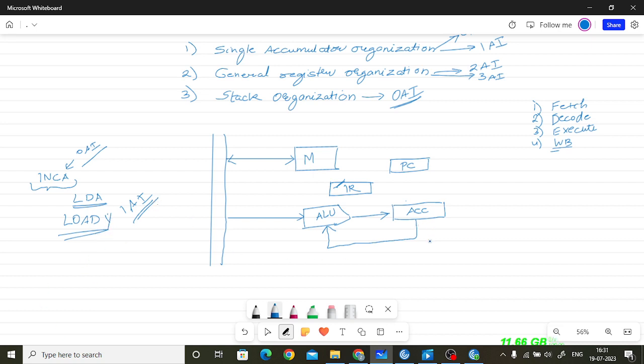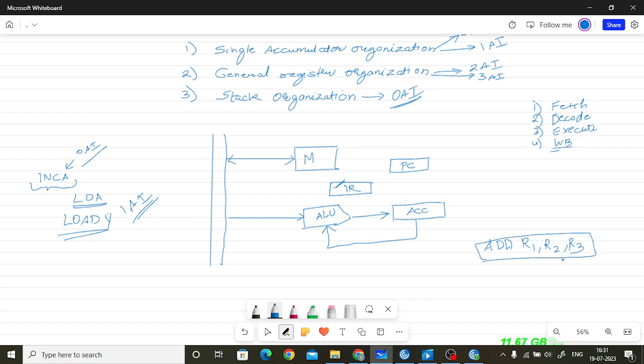When I talk about instructions, you will also see instructions like ADD R1, R2, R3. What is this?